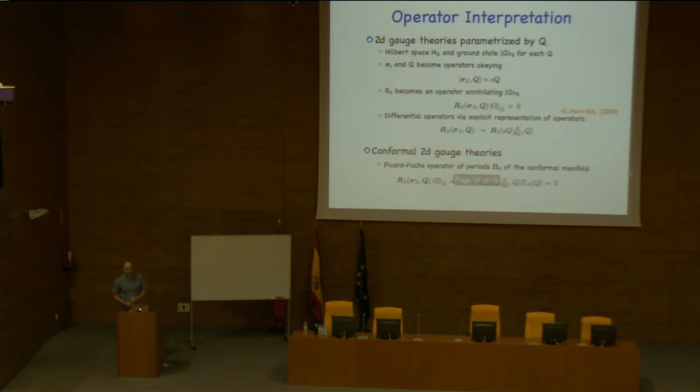Okay, so I mentioned already that there is this funny shift in p. This allows us to give an operator interpretation, and this brings us to the differential equations of these correlator relations. Let's say we assign to each value of Q a certain Hilbert space H of Q, and let's also assume that we have a ground state omega Q for each Q. Then we enhance these insertions at the south pole and these Q's to operators which fulfill a commutation relation.